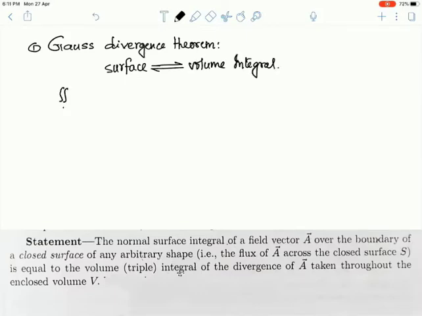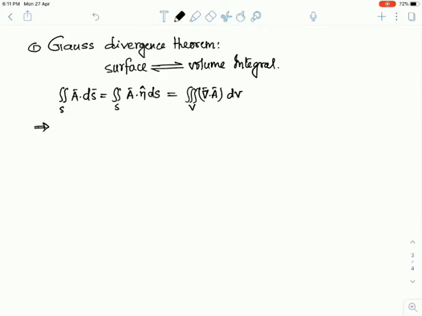So double integral A dot ds equals triple integral, that is volume integral, of divergence of A dv. For Cartesian coordinates, we can write this formula like this. You can see on the screen.